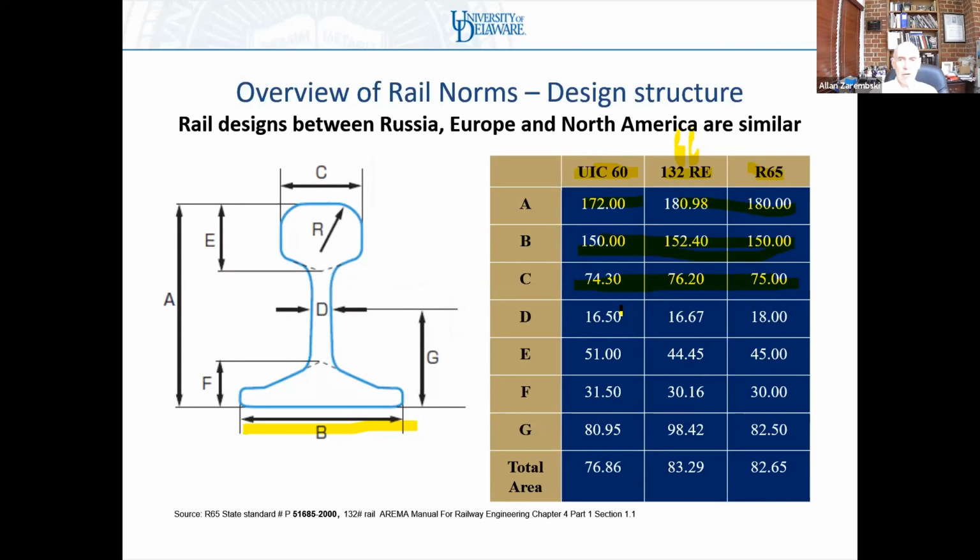The reality is that just about any mill in the world will certainly make these sections. Only Russian mills make Russian sections, but you can go to any mill in the world and order either a UIC or an RE section, from an American mill, a European mill, or a Chinese mill. They all have the rollers to make either UIC or RE sections.